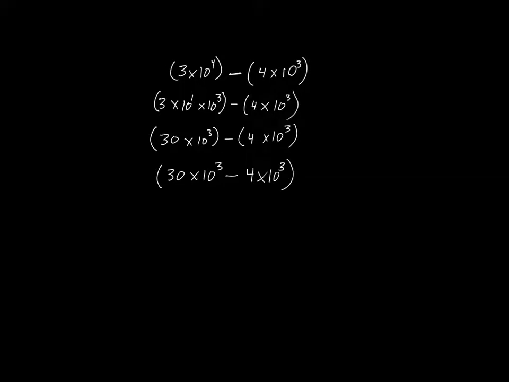And now what I'm going to do is I'm going to factor the 10 to the third outside. Notice that I haven't done anything to the exponent other than breaking it down. But over here, you don't have to add them. You don't have to do anything else. Just factoring it out.